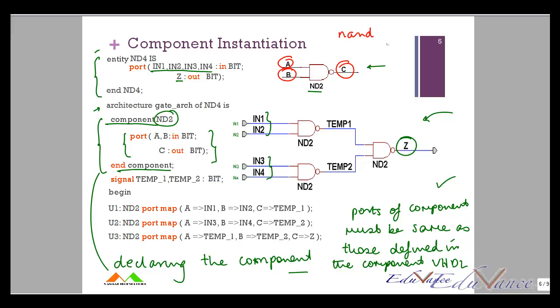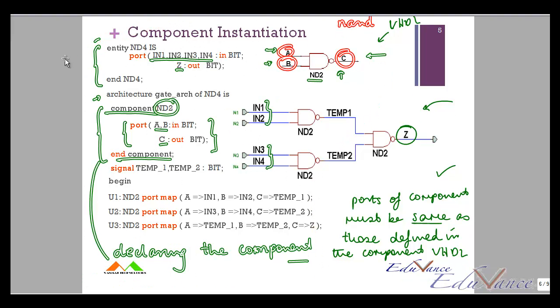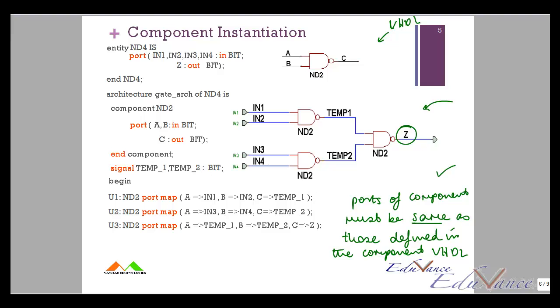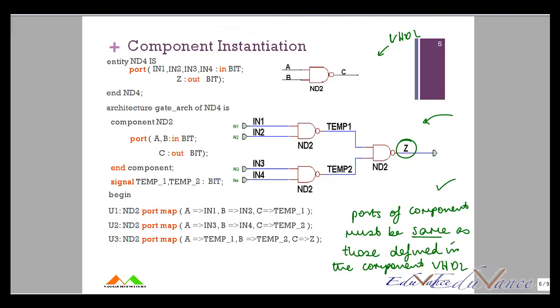You would have written a VHDL code for this NAND gate, and the NAND gate ports, that is A, B, and C, and the ports declared here must be the same. I hope that is clear. So now let's continue on understanding how to use this NAND gate.